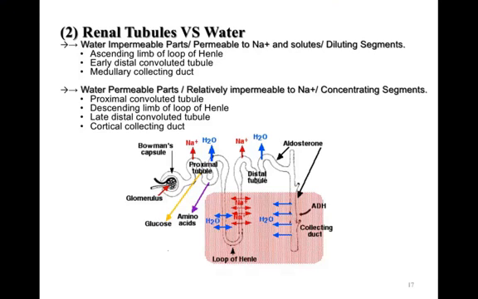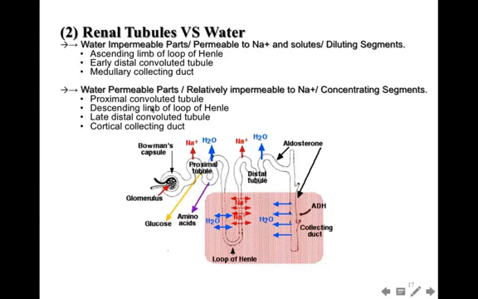Now, can you repeat them again? Quickly, hurry up. On the other hand, there are some parts of the renal tubule that are permeable to water and relatively impermeable to sodium.